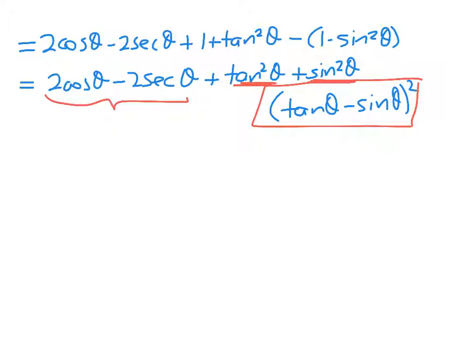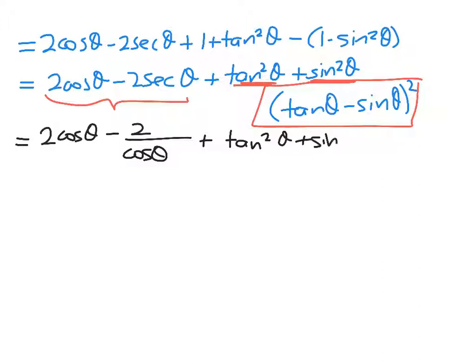Just make sure you do it step by step without too many leaps of logic, because proofs are all about following through. So here we're going to have 2 cos theta minus 2 over cos theta plus tan squared theta plus sine squared theta. I'm just going to erase that, because that's where we're going.